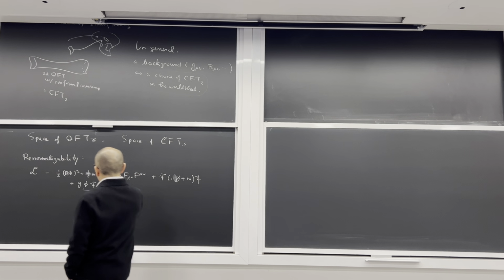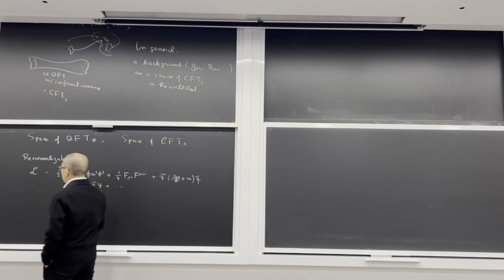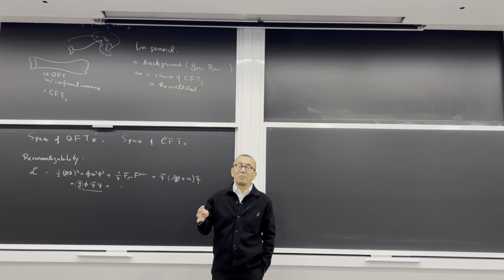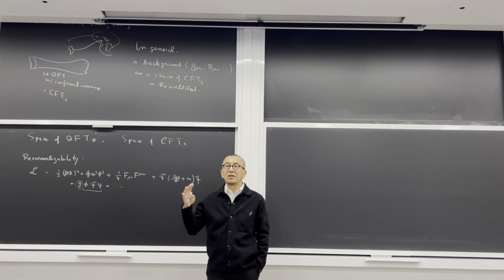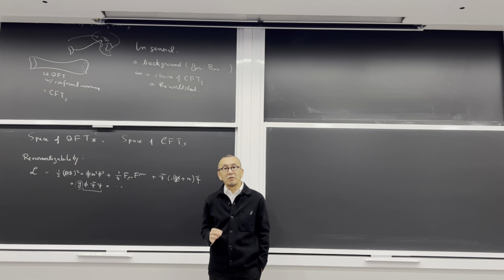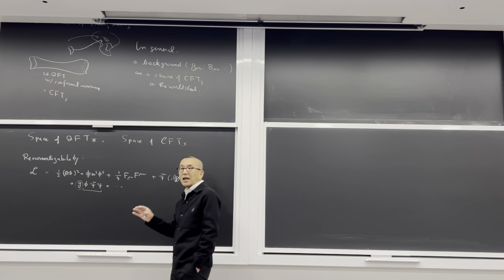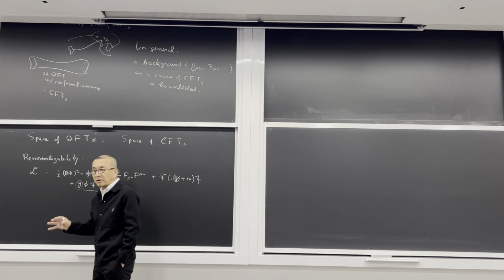And from that, you infer the dimension of the coupling constant. And if the mass dimension of the coupling constant is non-negative, then we call those interactions renormalizable. And those are the class of interactions for which the standard technique of renormalization works.